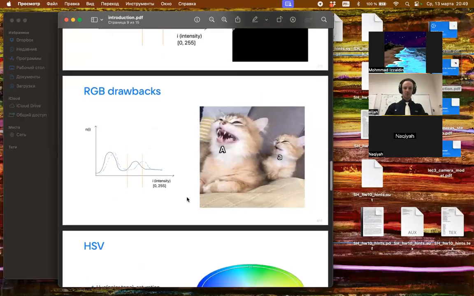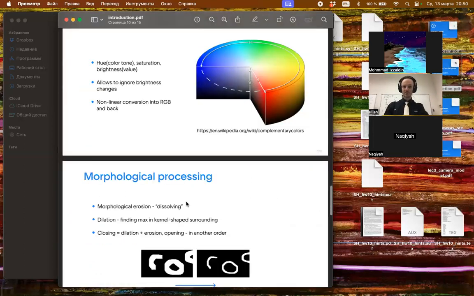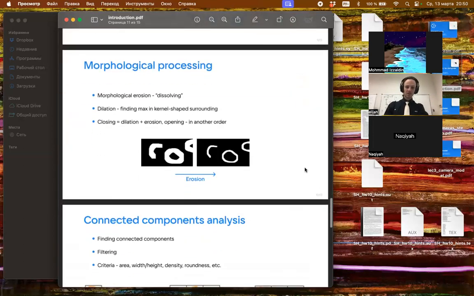So here we're talking about different color spaces. HSV is another color space that is widely used in robotics. Here we're talking about the ways to process masks. I'm just rushing through the lecture, so it's not supposed to be that informative. I'm just giving a brief idea of what the previous course is about.